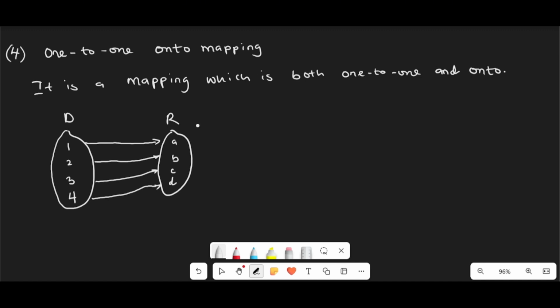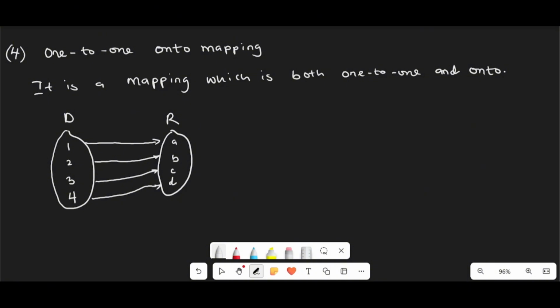It is one-to-one mapping because every element in the domain is mapped with different elements in the range. So it is one-to-one. And it is onto mapping because there's no element in the range that is not at least mapped with a single element in the domain. So it is one-to-one onto mapping.